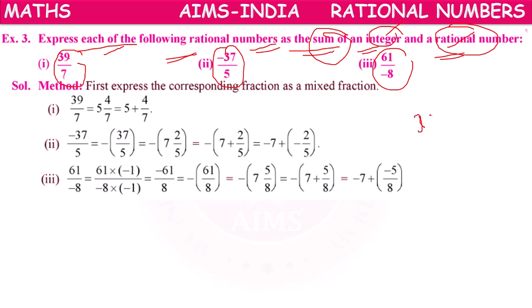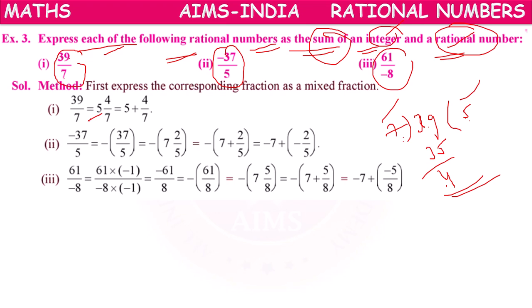39 by 7. Here the numerator is bigger than the denominator. We can divide: 7 times 5 is 35, remainder 4. It means it has 5 complete parts, and after 5 complete parts, still 4 parts are remaining out of 7 parts.